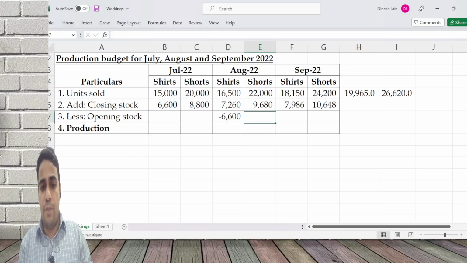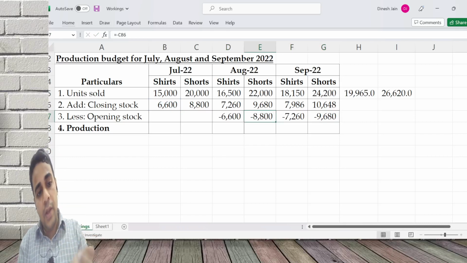Closing stock becomes opening stock. For July opening stock, we are stuck as of now. Closing stock will become opening stock of next month.